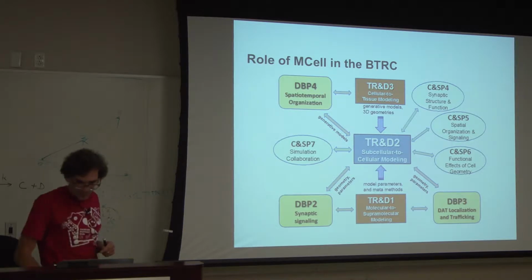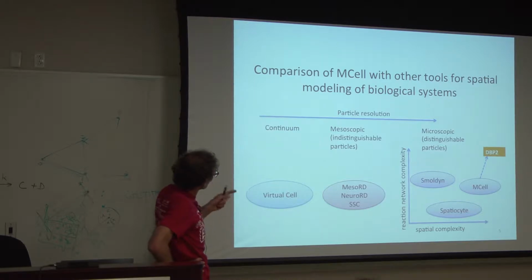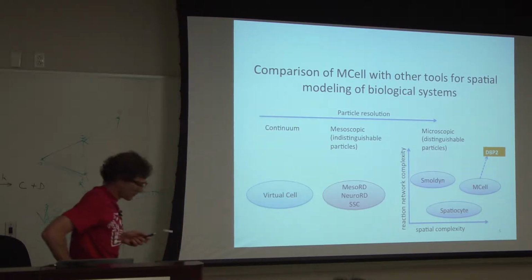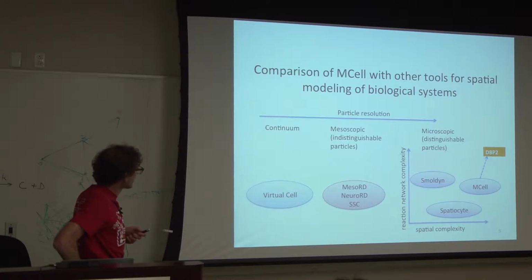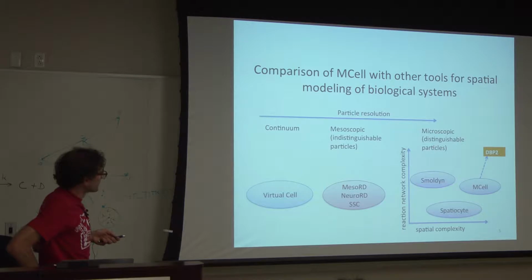Okay. So now we're focusing in on the TRND2 level, the level of spatial, cellular modeling. Marcus presented this a little bit yesterday. There are a number of different tools for spatial modeling of biochemical cellular systems, M-cell being one of them, and we tried to map out the different levels of resolution of these techniques, from Virtual Cell, which handles primarily partial differential equations, down to the particle-based simulators, particularly Smoldyn and M-cell.